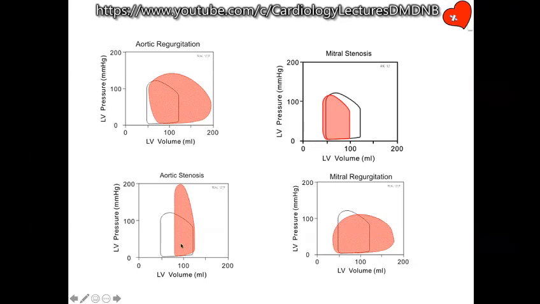So, what is this? Aortic stenosis. Very easy to diagnose because it's not volume overload and the systolic pressure is very high compared to normal. So, the end systolic volume is increased because possibly the LV is not able to eject fully because of the obstruction.